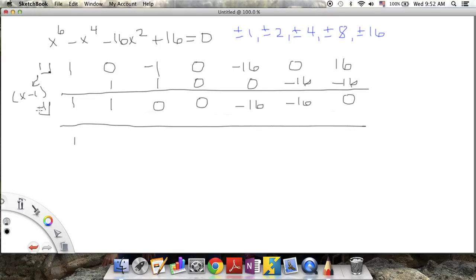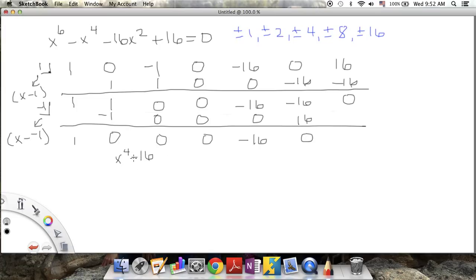Bring down our 1, multiply, add, and repeat. And here we end up with this factor is x minus negative 1. And here we have x to the 4th minus 16.